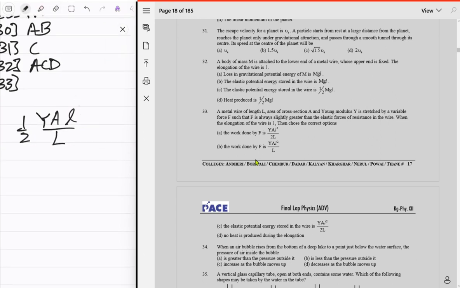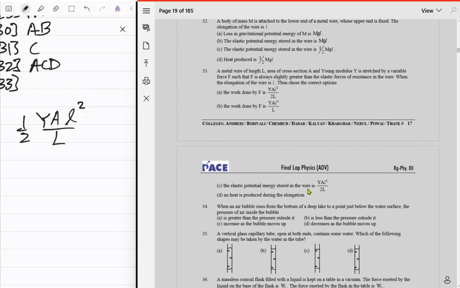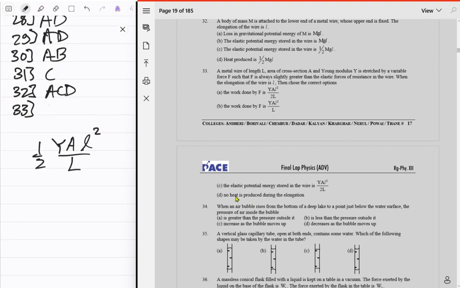And that is the length, just this thing. So that's the work done, right? Y A l square upon 2L. So A is correct. और क्या है? The elastic potential energy stored in the wire is this thing. Yeah. So A is correct, C is correct, no heat is produced, D is also correct. ACD once again. Pattern दिख रहा है मुझे.